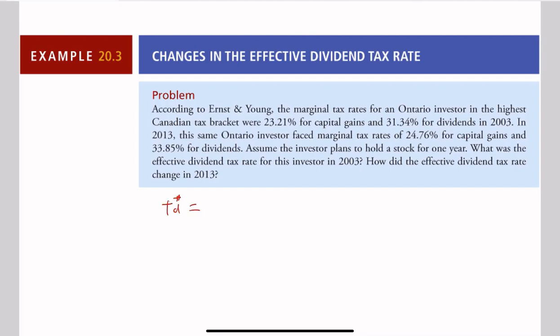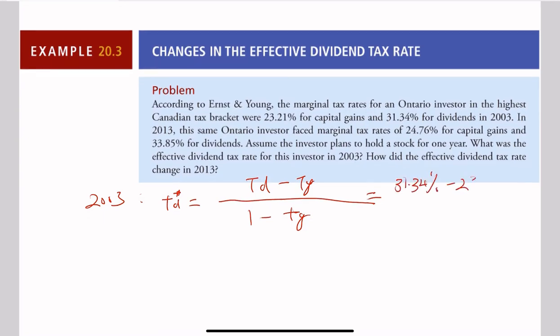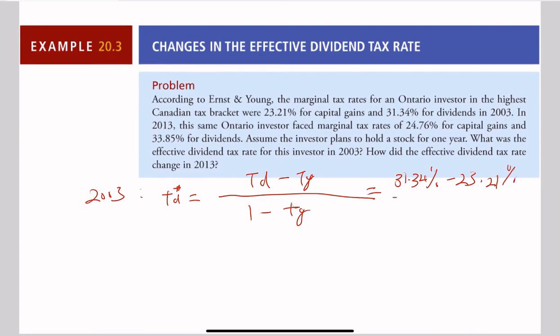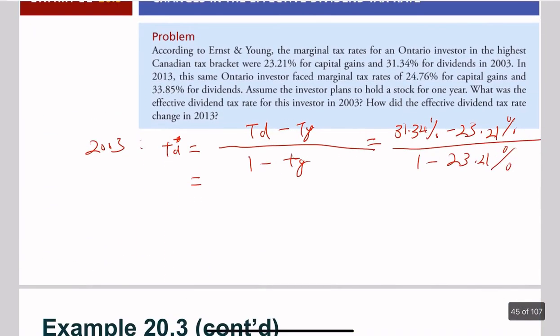So for 2003, we just obviously plug in numbers. So you can see that it's 31.34% minus 23.21% divided by 1 minus 23.21%. Right? So this gives you a number of 10.59%.